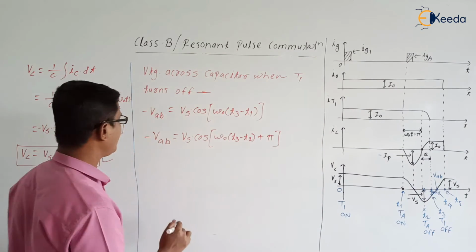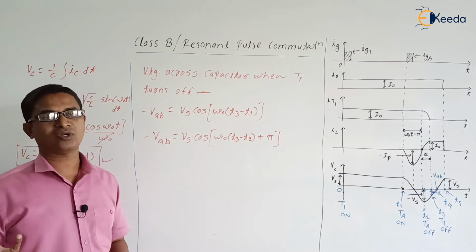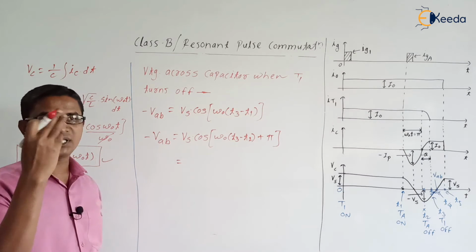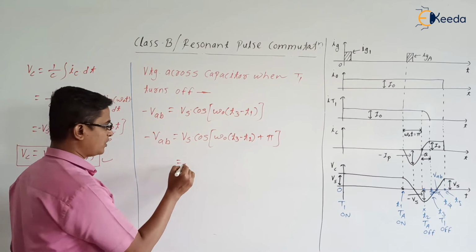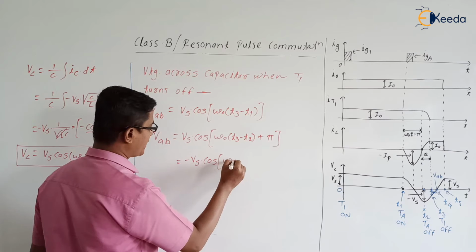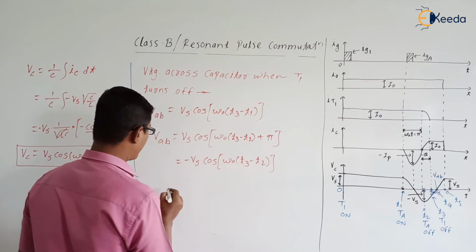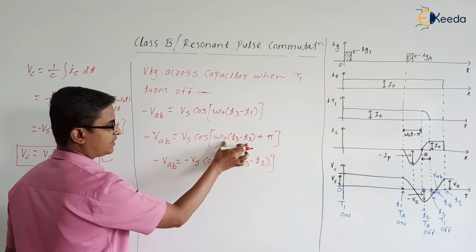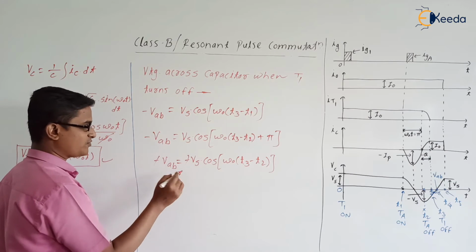Minus VAB. So what is cos of 180 plus theta? It is minus cos theta. So we can write it as minus Vs cos(omega 0 (t3 minus t2)). Minus VAB equals minus cos theta times Vs, so the minus signs get cancelled.